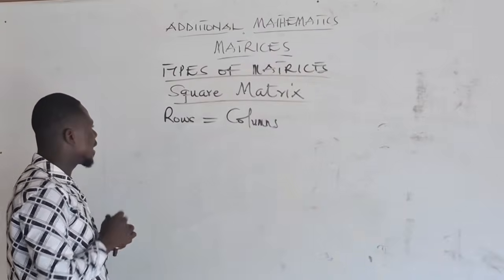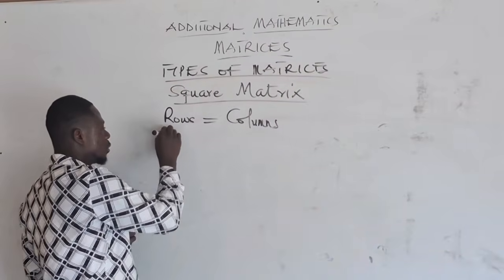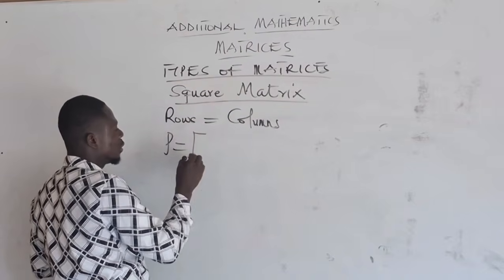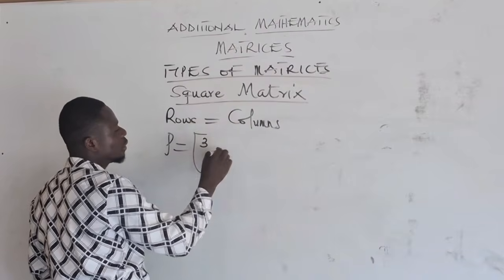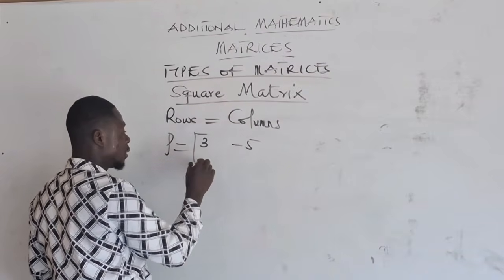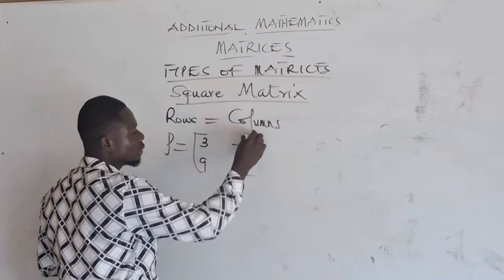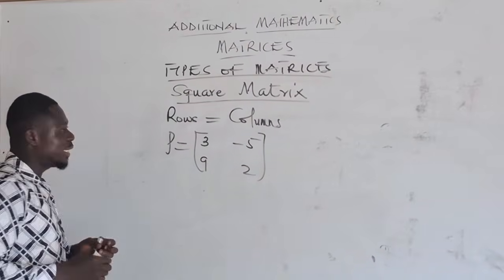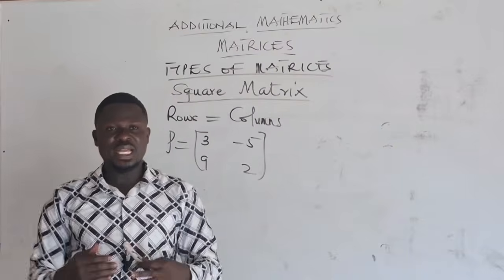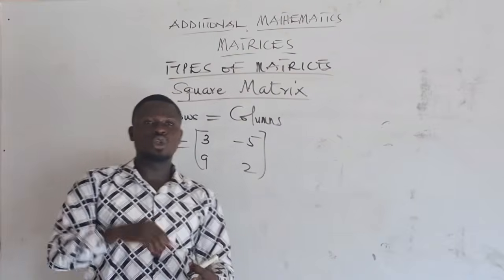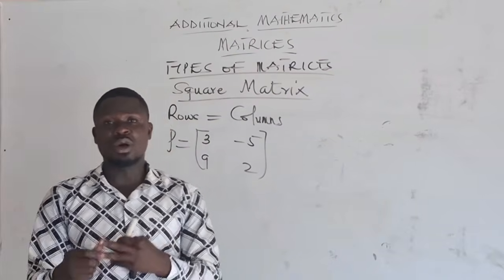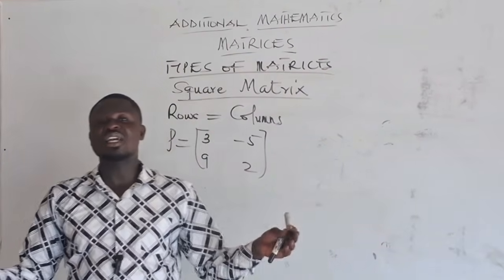So let's look at this example. In matrix P, before we can know that this is a square matrix, we should know the number of rows, the number of columns, and then we check if they are the same.